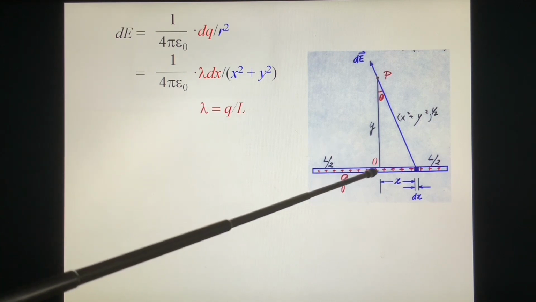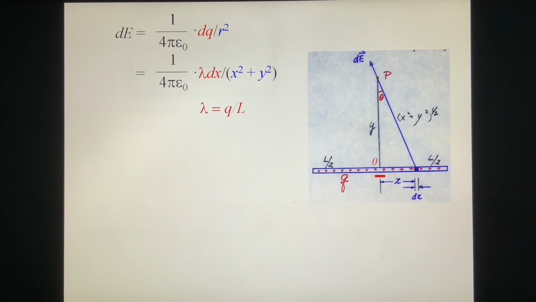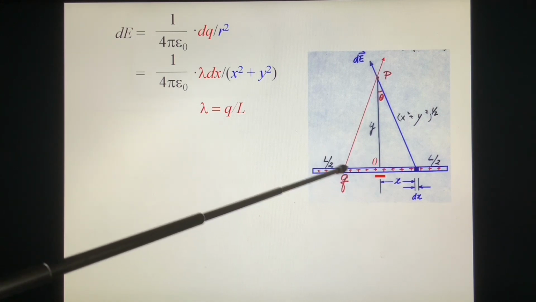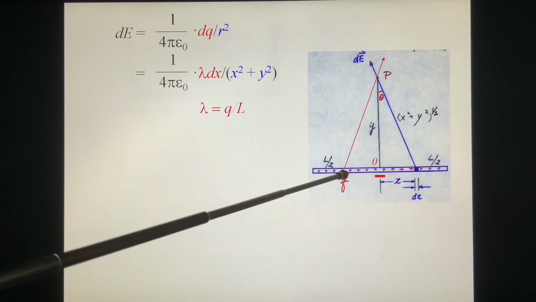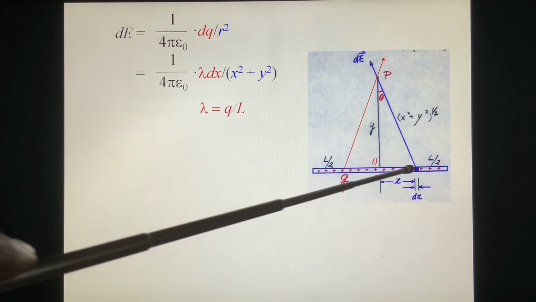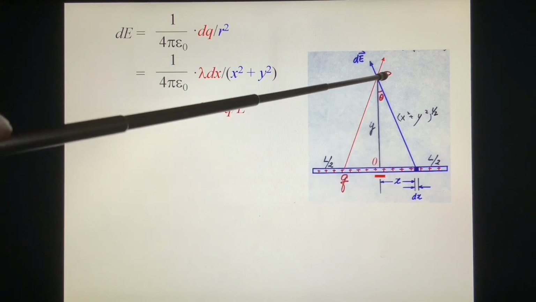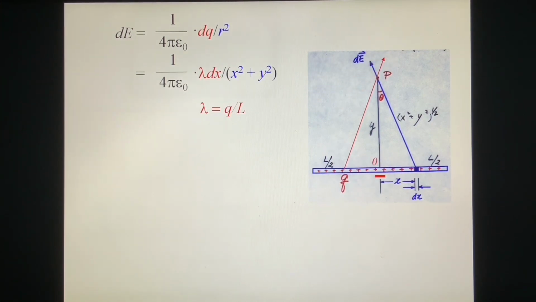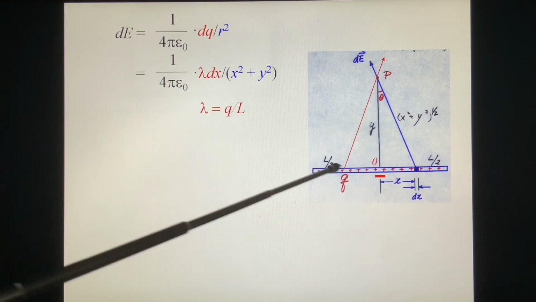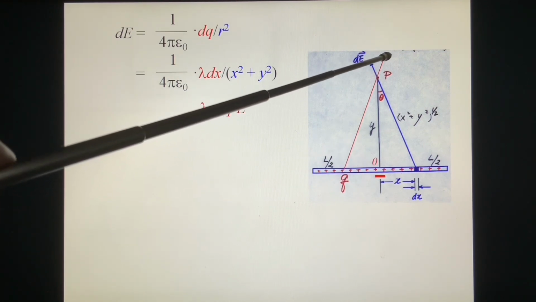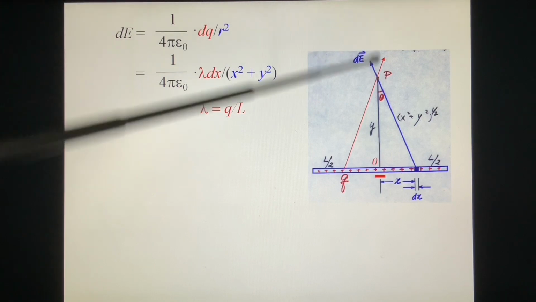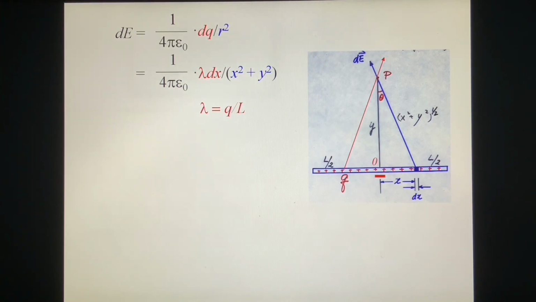All right, so this is dE. And we will see that by symmetry, if we take another dx relative to this one, we have a dE along this direction. We can tell that the combination of these two dE must be along the y direction, by symmetry.